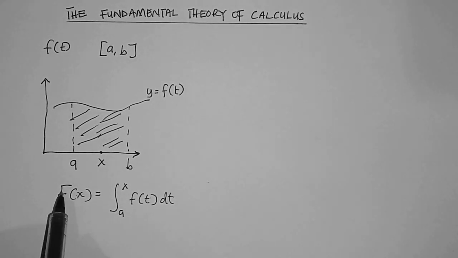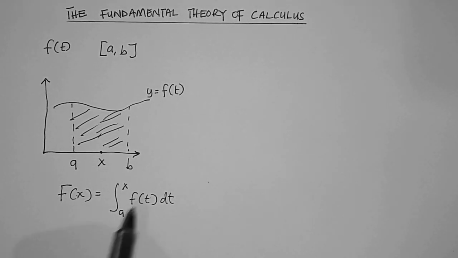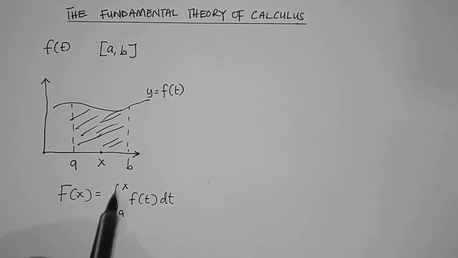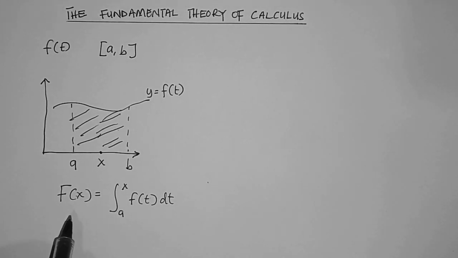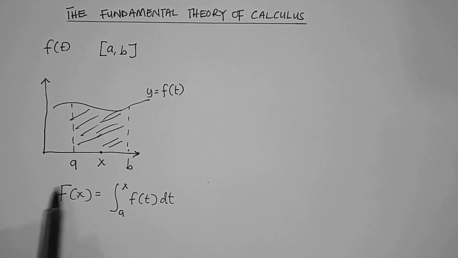Now, this function F of x is dependent on the independent variable x. So if x is fixed, then F of x is fixed. If x is variable or it changes, then F of x also changes.